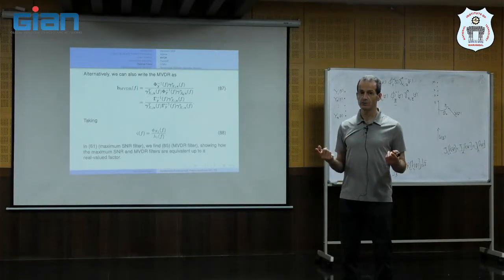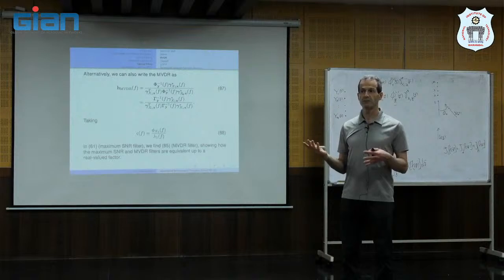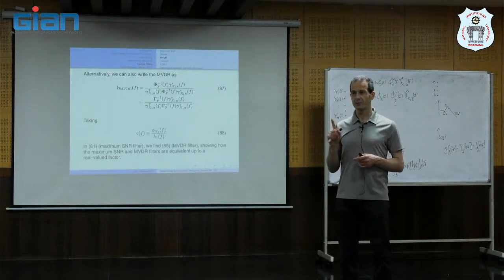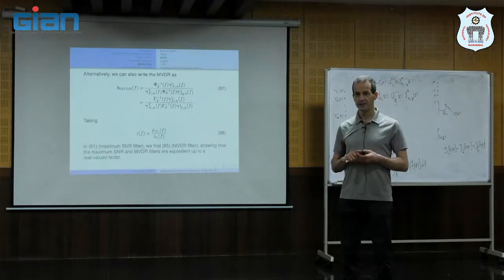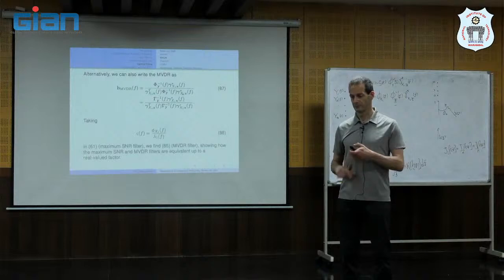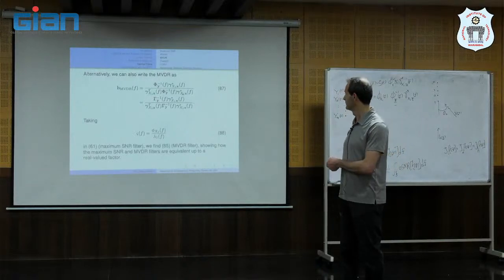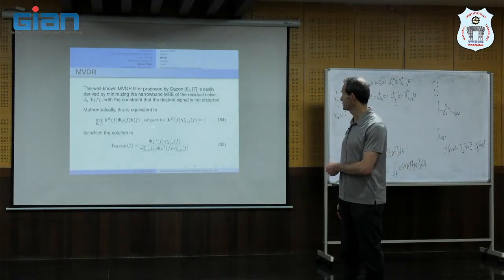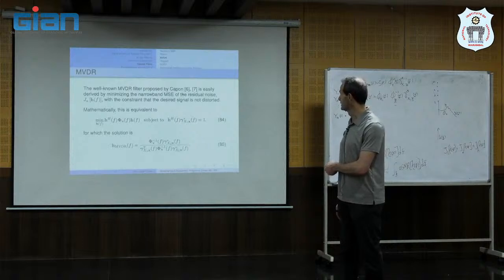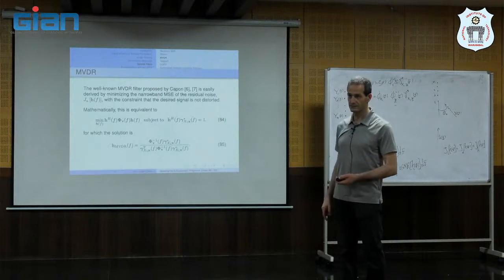That is, does it also produce minimal distortion? And deliberately I ask you about minimal distortion. Can we get zero distortion for the MVDR? Can we get zero distortion for the narrowband? Zero distortion means that this constraint is satisfied.